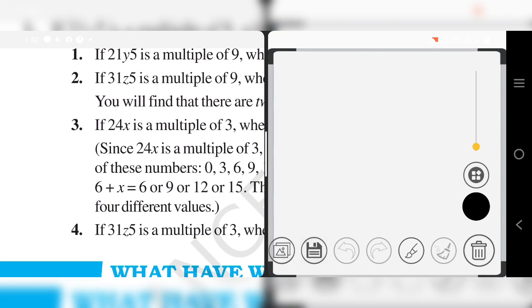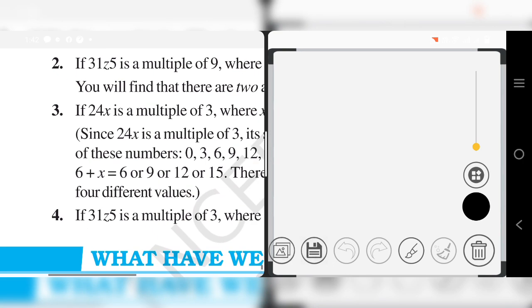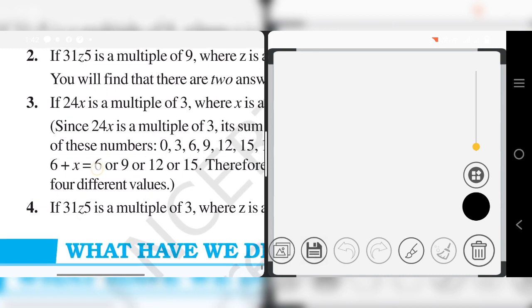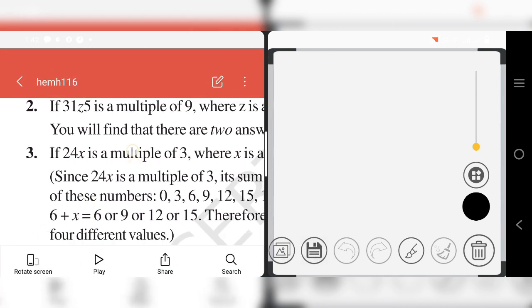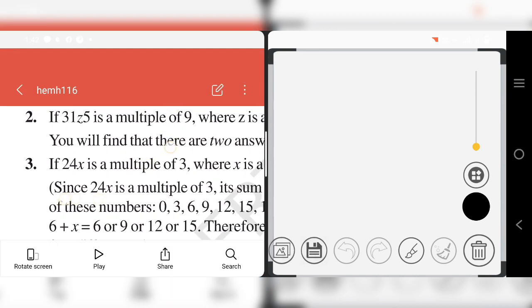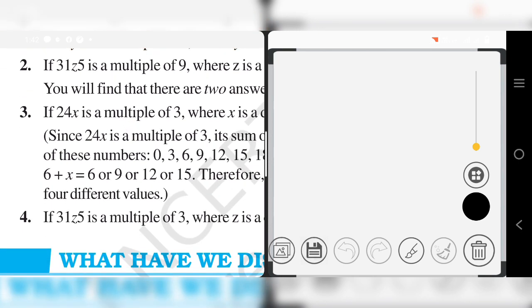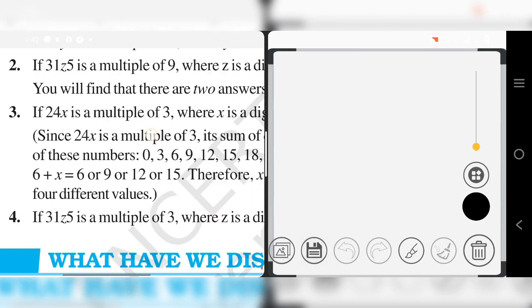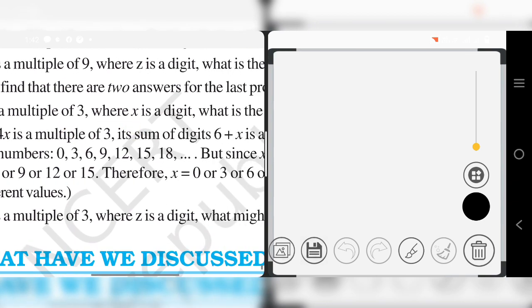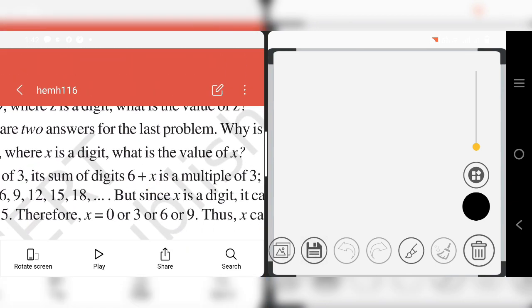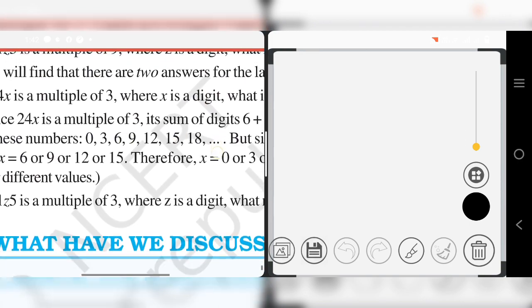Here, third one, they have given the question and the answer, so no need to solve. Let me read it. If 24x is a multiple of 3, where x is a digit, what is the value of x?